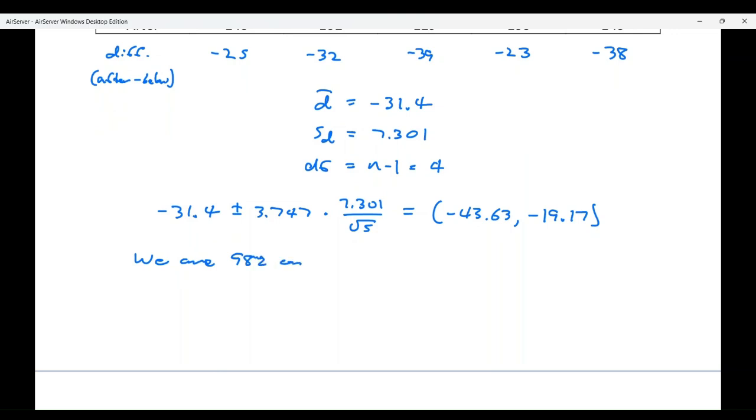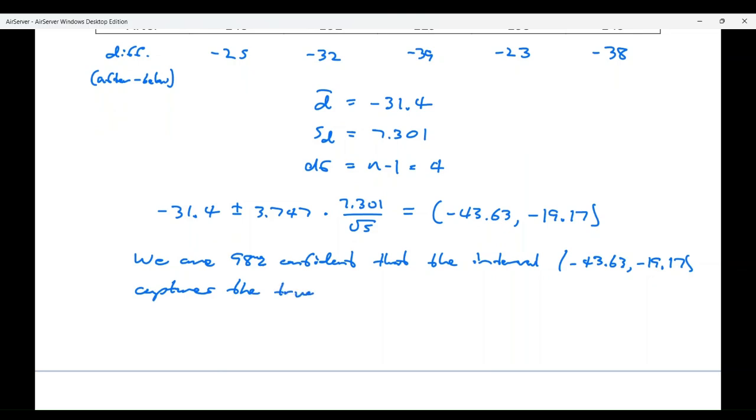So again, we are 98% confident that the interval negative 43.63, negative 19.17 captures the true mean difference.